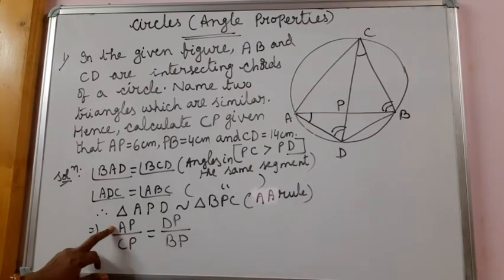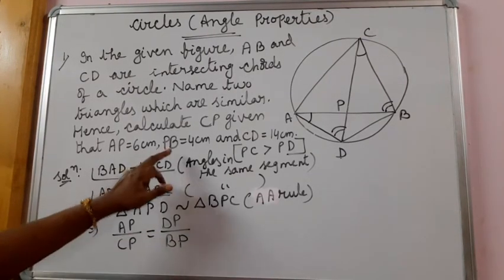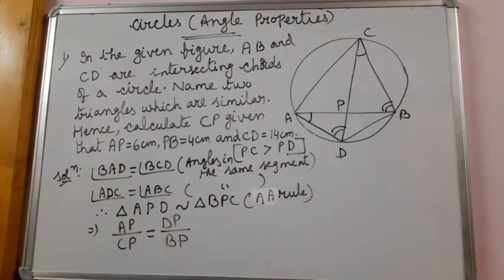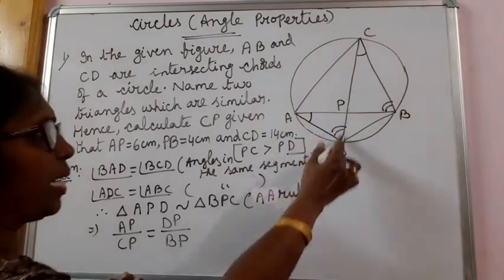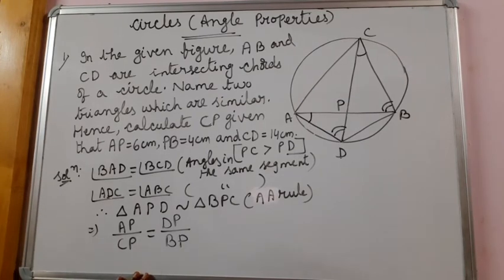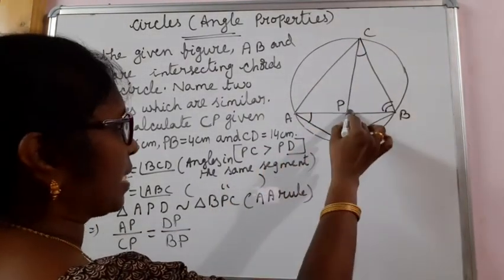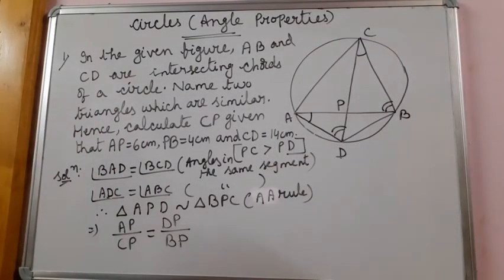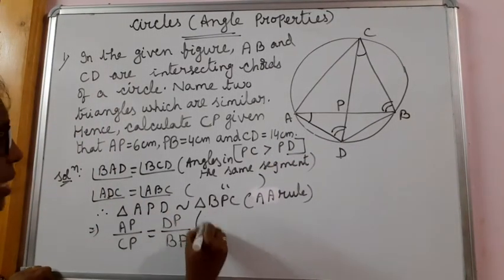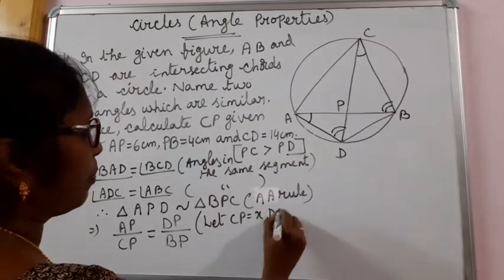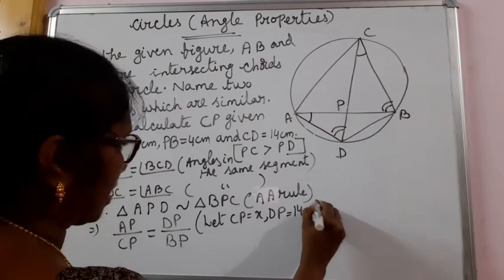Whereas we know AP, we know BP, and CD, complete line CP plus DP is given to us. But we don't know how much is CP and how much is DP. So what we have to do is, let us take CP as x, then DP will be 14 minus x.